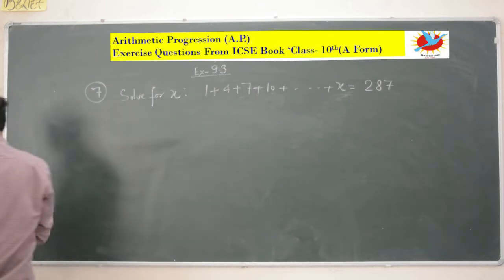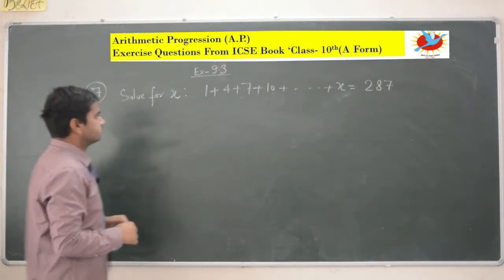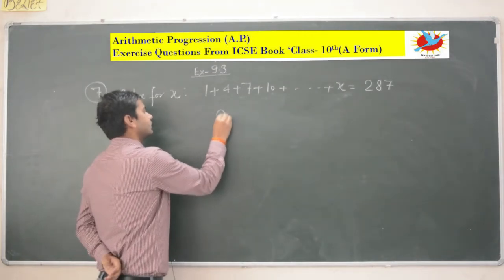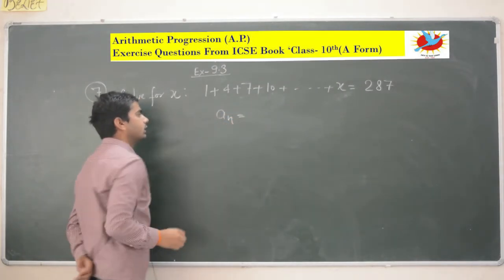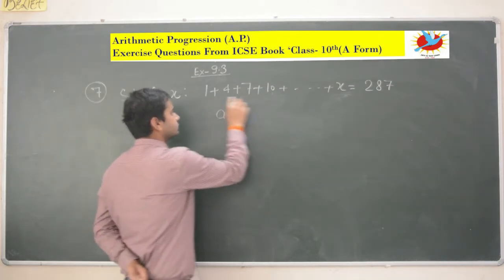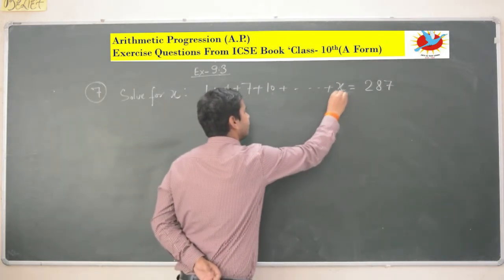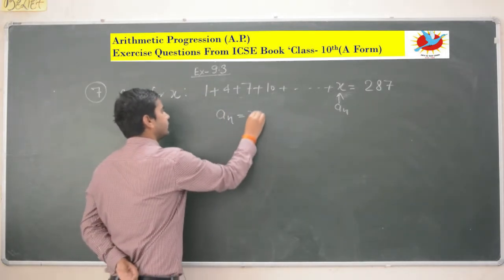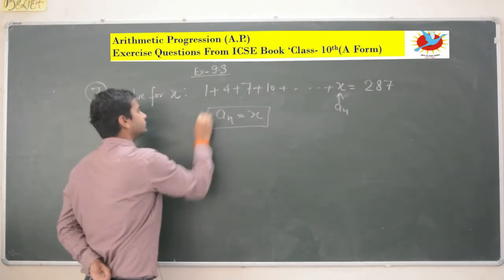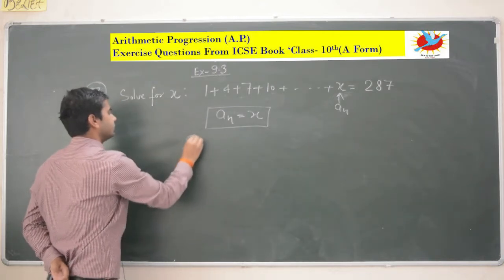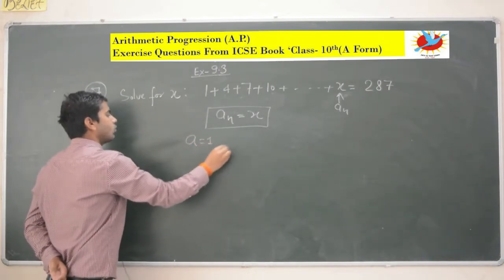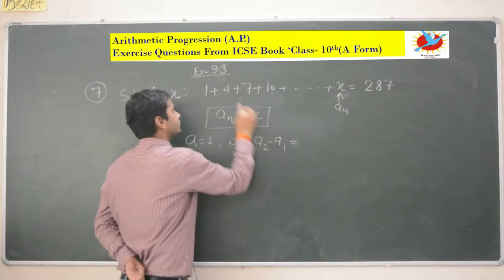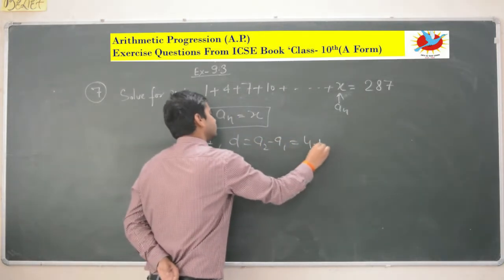Suppose the number at the nth position in this series is an. So we can write an as x, and for this series we have first term a as 1, and the common difference d is a2 minus a1, that is 4 minus 1 equal to 3.